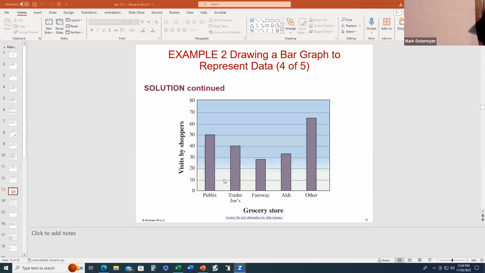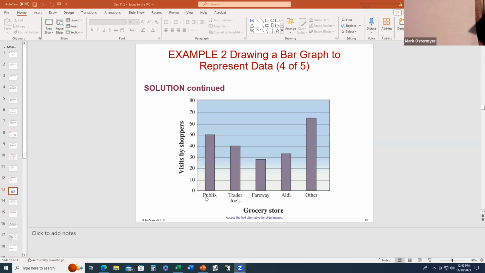And making a bar graph is pretty simple. You have a vertical axis. You always want to start your vertical axis at 0 and then have an appropriate scale to encompass all the frequencies of your categories. Notice they space these check marks on the vertical axis 10 units apart. The horizontal axis represents the grocery store that was visited.